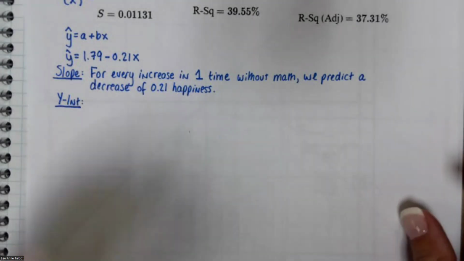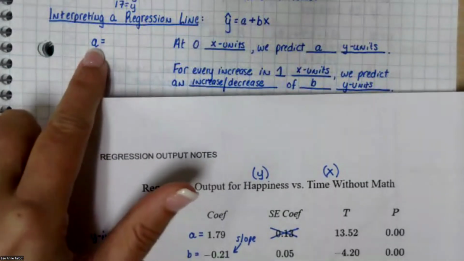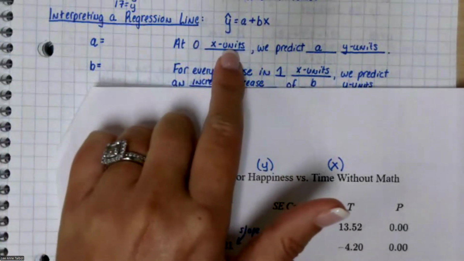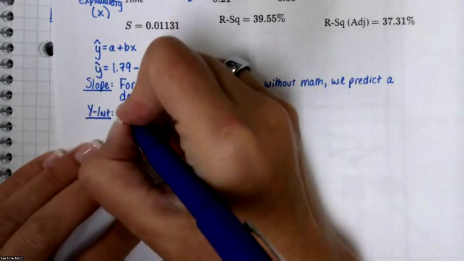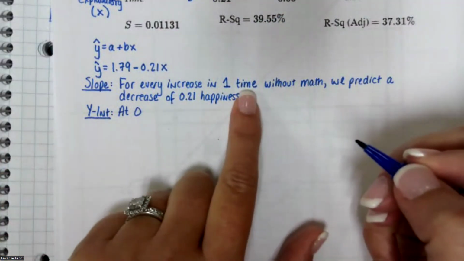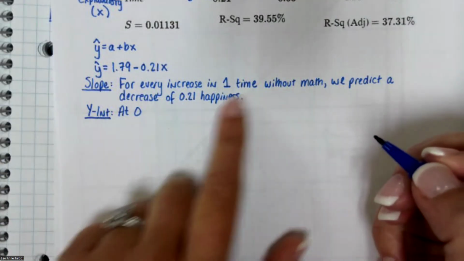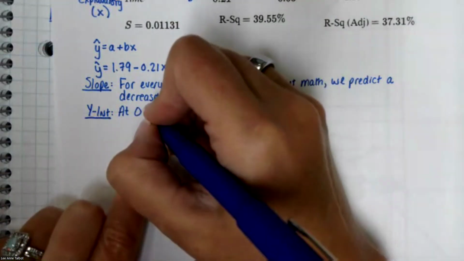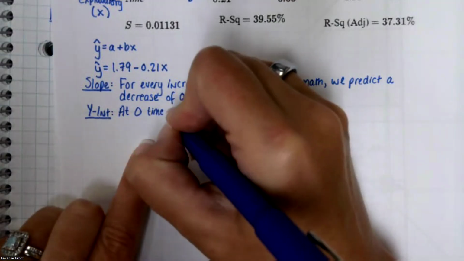Okay, y-intercept. Y-intercept is a. At 0 x, we predict a y. At 0, what's x? Even though it's awkward, time.